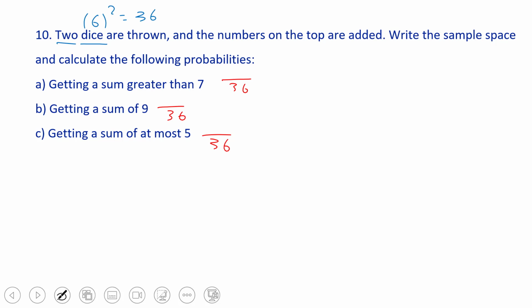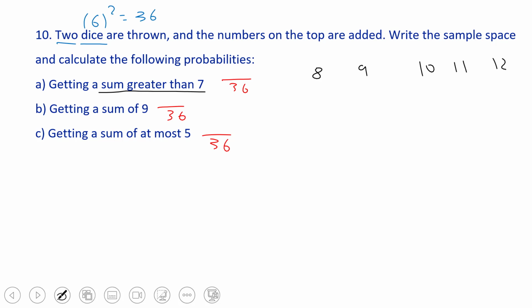Now, what am I looking for? The sum greater than 7. So you need greater than 7. How many options do I have? I have 8, 9, 10, 11, 12.